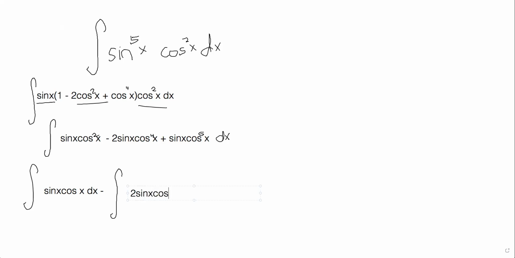I'm going to move this 2 out front in the second integral. And then we're going to have plus another integral.